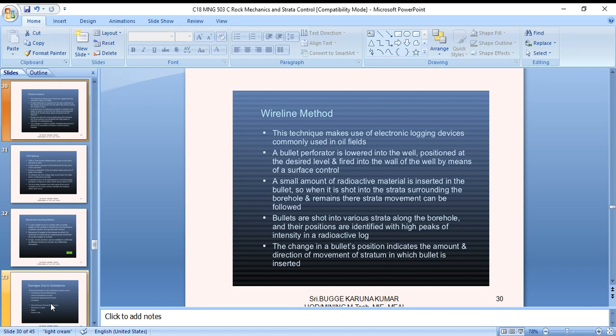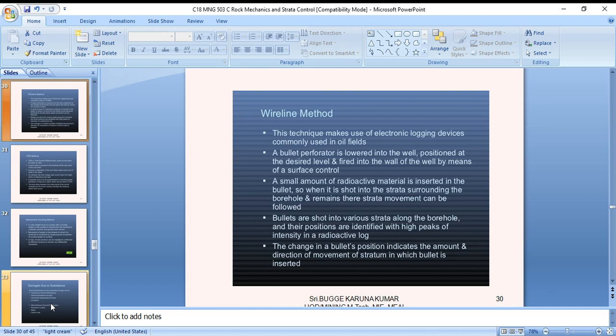The wireline method. This technique makes use of electronic logging devices commonly used in oil fields. A bullet perforator is lowered into the well, positioned at the desired level, and fired into the wall of the well by means of surface control. A small amount of radioactive material is inserted in the bullet.